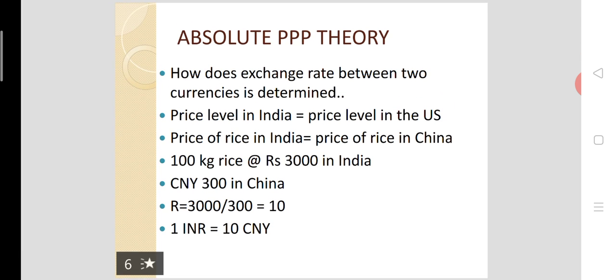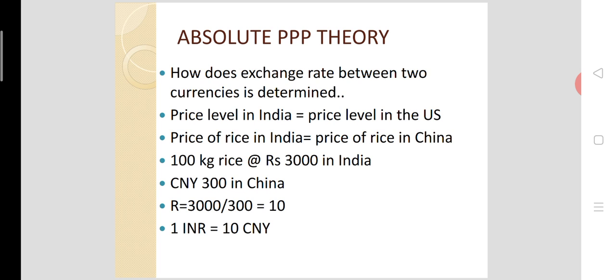I will clarify this concept. So absolute purchasing power parity theory is today's topic. It examines how the exchange rate between two currencies is determined. Price level in India, for example, is equal to the price level in the United States.